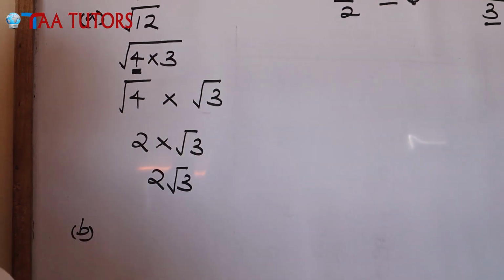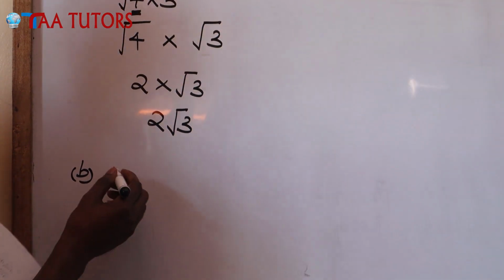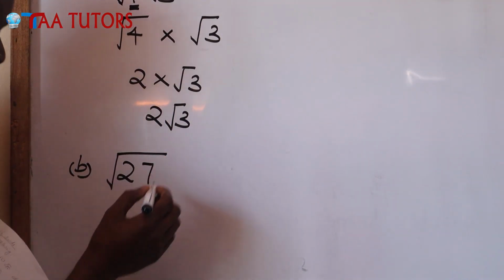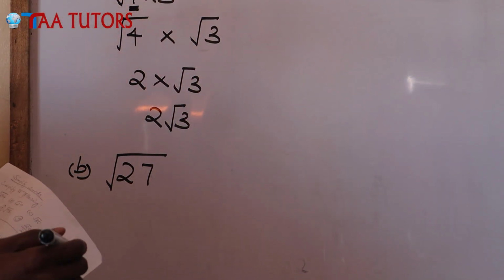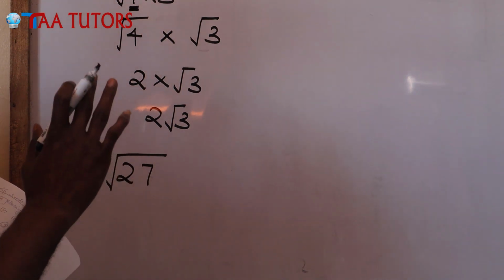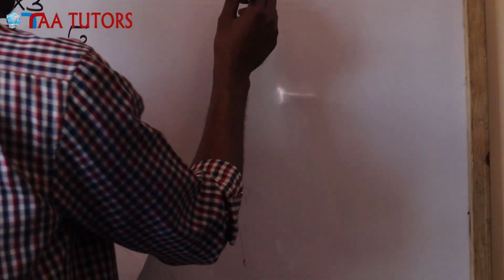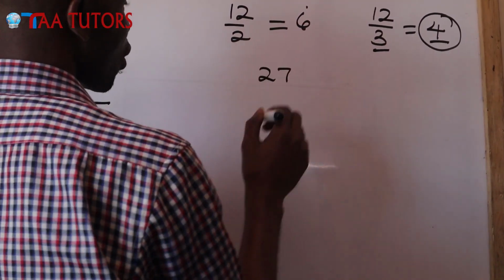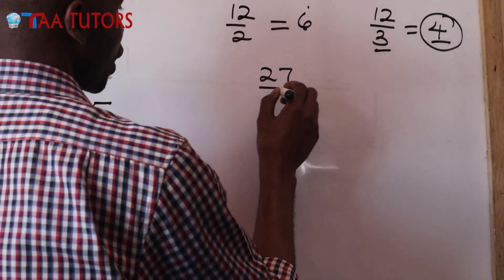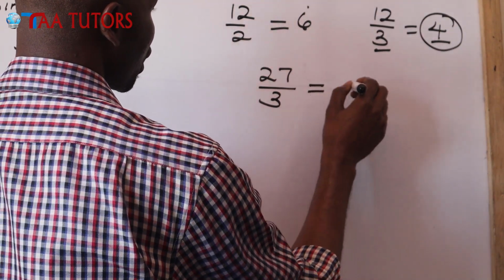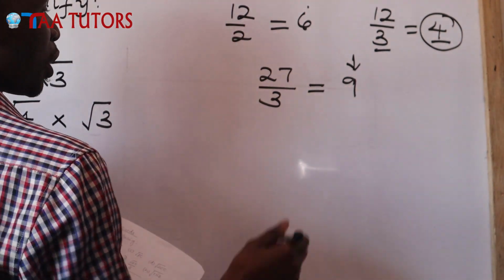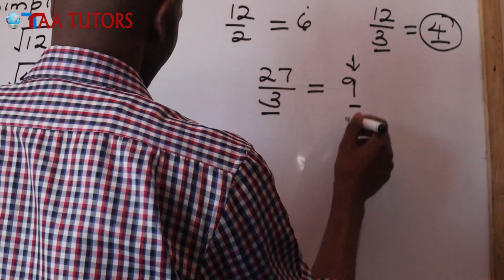B, let's see if you are told to get surd 27, the surd of 27. So the surd of 27, just like I said, let us look for a number that if we divide 27 with, we are going to get a square number. And like I said, let's take 27. 27 is an odd number, so therefore I can't divide it by 2. Let me start dividing it by 3. If I divide 27 by 3, I get 9. There. So 9 here is our square number, meaning that if I multiply 3 by 9, I will get 27.